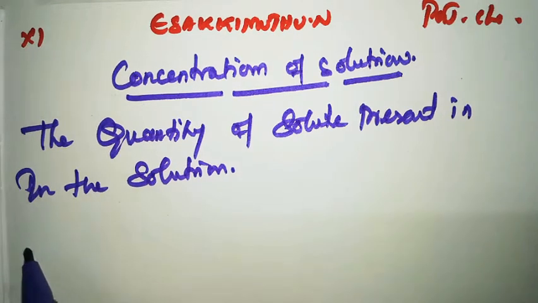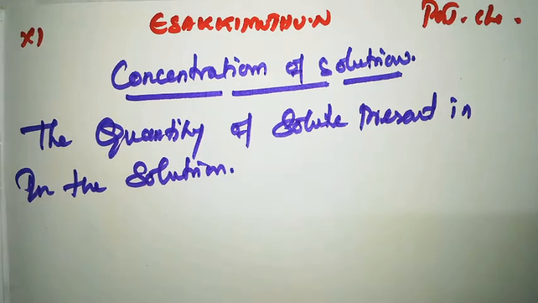At the percentage level, there are two formulas to calculate the concentration of the solution. The first one is the mass by mass percentage of solution.